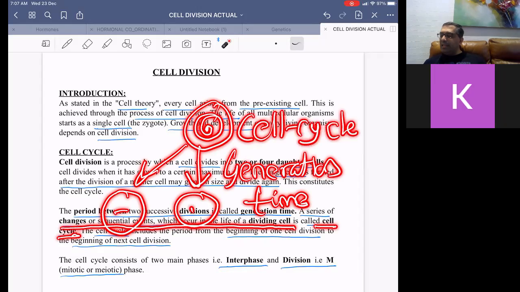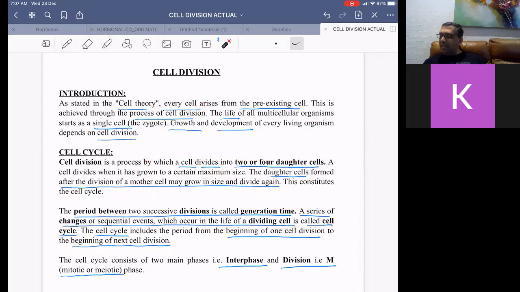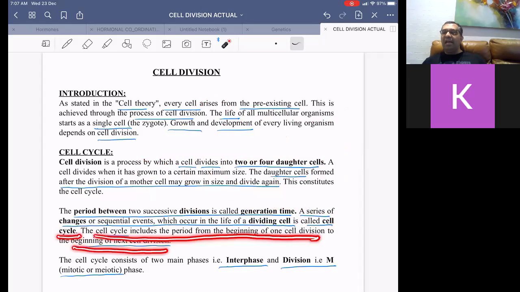So after one cell cycle you will have daughter cells formed, and that series of changes or sequential events occurring in the life of a dividing cell is called a cell cycle. A cell cycle includes the period from the beginning of one cell division to the beginning of the next cell division. The time period from one cell division to the next is the cell cycle, and the processes which take place within a dividing cell are called the generation time.